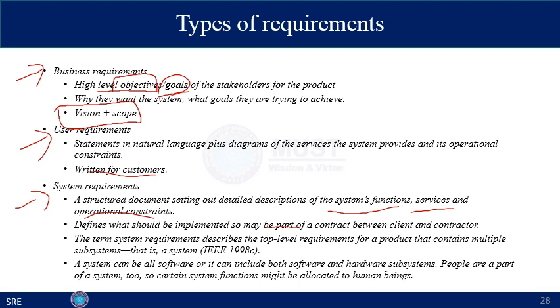The term system requirement describes the top level requirement for a product that contains multiple subsystems, that is a system. System can be all software or it can include both software and hardware subsystems. People are part of the system too, so certain system functions might be allocated to human beings.